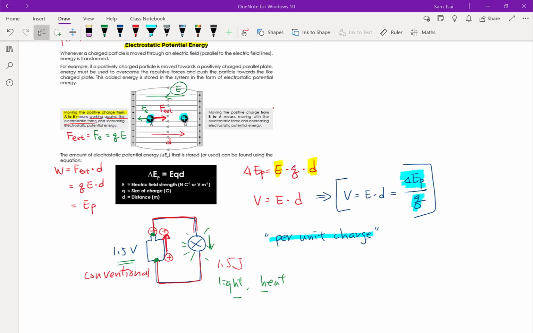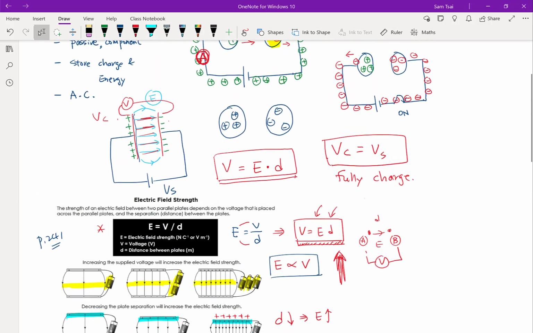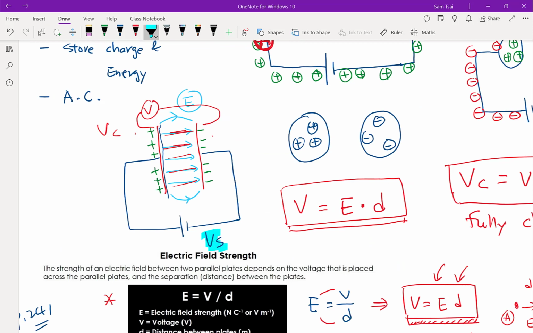Okay, so if we apply these two concepts back to our original capacitor, what do we see? After you connect to a battery, the charge accumulates on both plates, and they build up an electric field, and this electric field causes a voltage or potential difference between the two plates, and that is what?